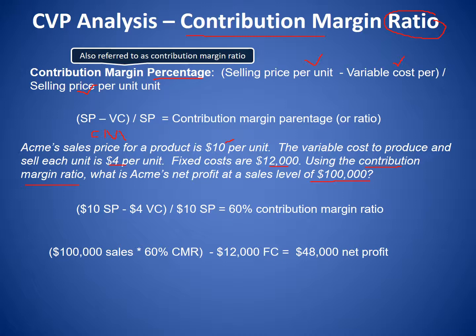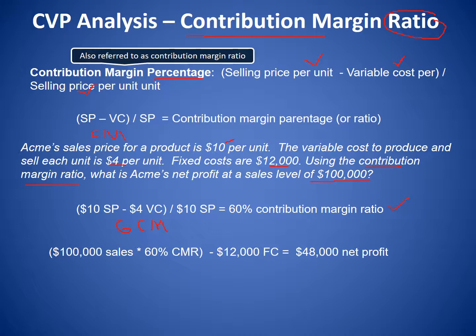The easiest way to do that is through the contribution margin ratio. So we take our $10 selling price minus our $4 variable cost. That gives us a contribution margin of $6. We divide that by our selling price of $10. So that means we have a 60% contribution margin ratio, or contribution margin percentage, depending upon what you prefer to call it.